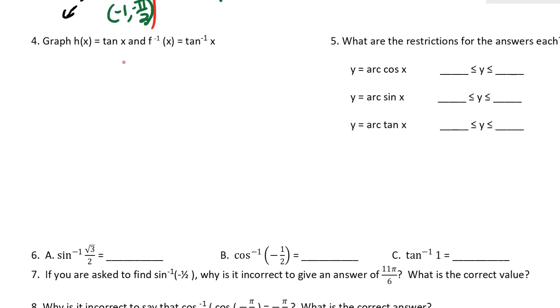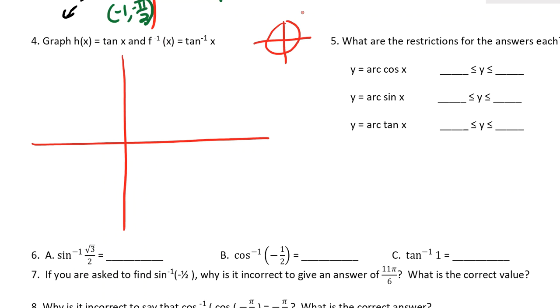All right, our graph of tangent. This is a good review. Our tangent is the y over the x in the unit circle. Remember that at this point, 0, 1, y over x is undefined. And this point is at 0, negative 1. So when we do y over x, it is undefined. The division by 0 was where tangent had its vertical asymptotes.